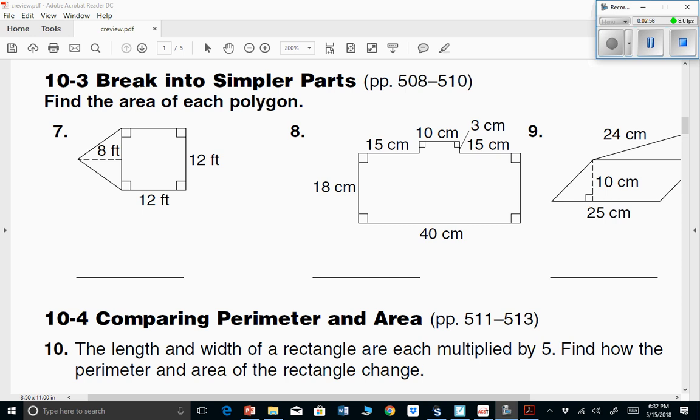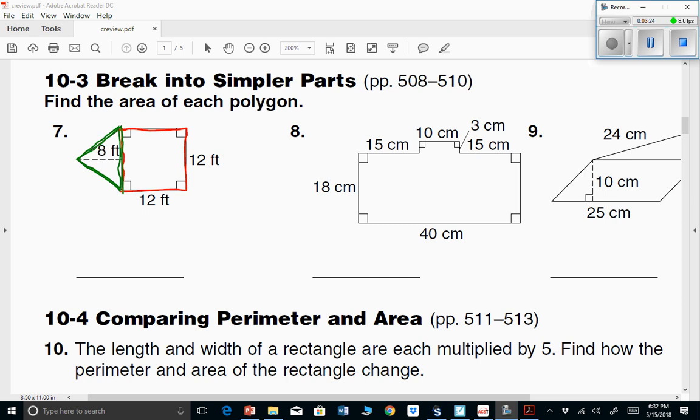So what I'm seeing here is a square and a triangle. Don't let that dashed line make you think that you're dividing that into two triangles. The dashed line is simply telling you the height of this one green triangle. So we're going to find the area of the square, and we're going to find the area of the triangle.